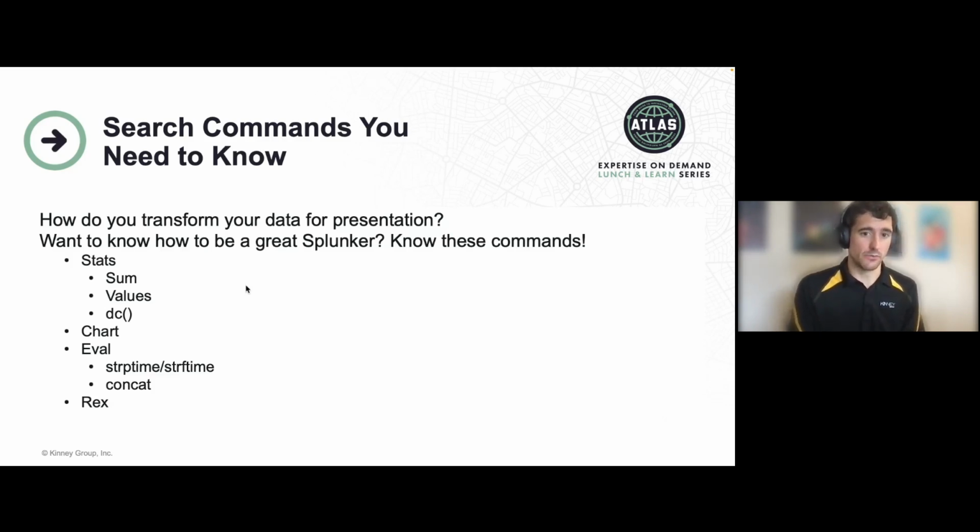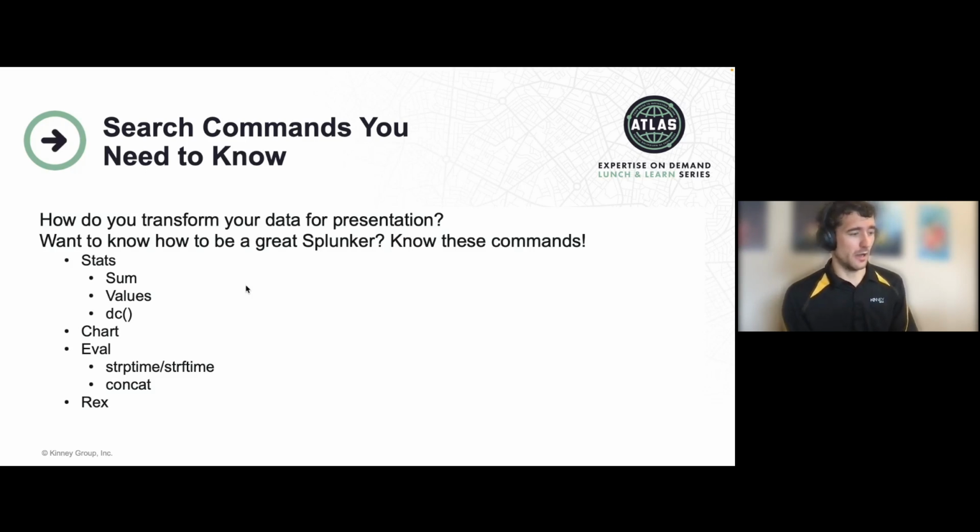Stats values is going to save you a lot of time with coalescing information by correlation codes. Chart command is like a fancy stats. It really is only helpful in a few key instances from my perspective, but when you know that chart can save you, it does reduce a lot of complexity. Stats is like stats x by y. Chart is stats x by y over z. So that adds literally an extra dimension to things.